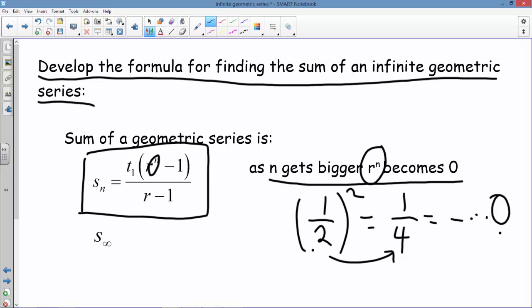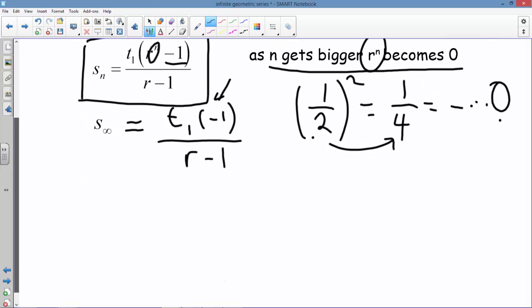Now that makes this -1 left over. So we can rewrite this as t1 times -1 over r minus 1. Now I don't like having this -1 here, so we're just going to rewrite it slightly.